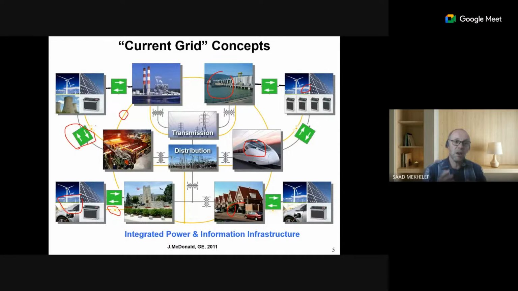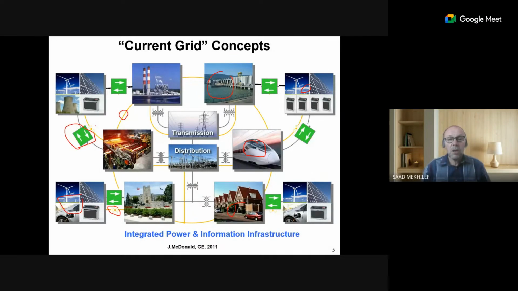We see a lot of, for example, here in Australia, almost 3 million houses out of 6 million, almost 50% of the houses, have photovoltaics on the rooftop. That's very huge. And then we see a lot of countries which have a lot of wind, and I think India has a lot of wind power, especially in the southern parts of India.